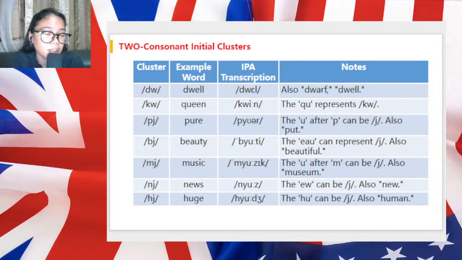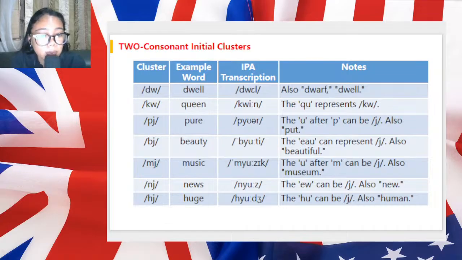Following PJ, here the bag with that kind of zipper represents the J sound, similar to P. It's the B sound blending into the Y sound, as in beauty.